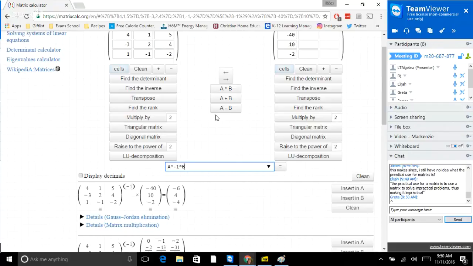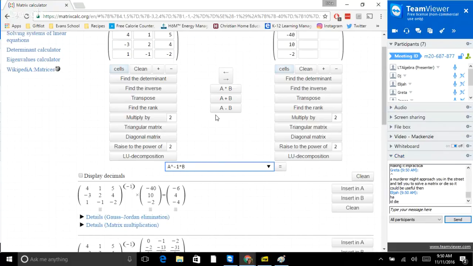All right. I wanted to show you one last thing because I know it's on your test. And I asked you to try without a calculator. And that is to find the determinant and the inverse of a matrix without using a calculator.